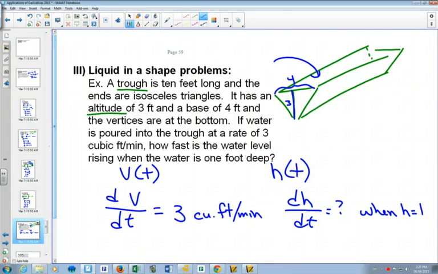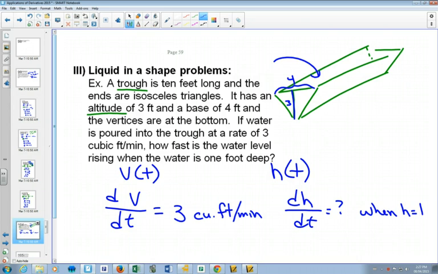So first of all, we have to recognize that our trough is a geometrical shape. It is a triangular prism, and we have to know how to come up with a formula for the volume of a triangular prism. And it's the same idea that we saw yesterday with the cylinder. You know how with the cylinder I said you just keep cutting out circles until it gets to the top?